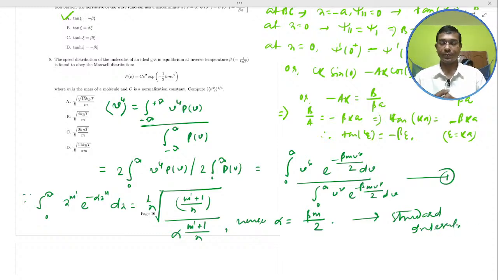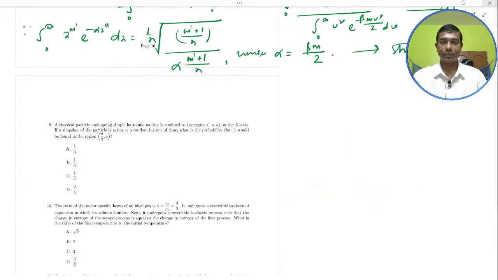Put this value for v to the power 4 average. Put this value of alpha, beta here, you would get this result: 15 kT by m, whole square.